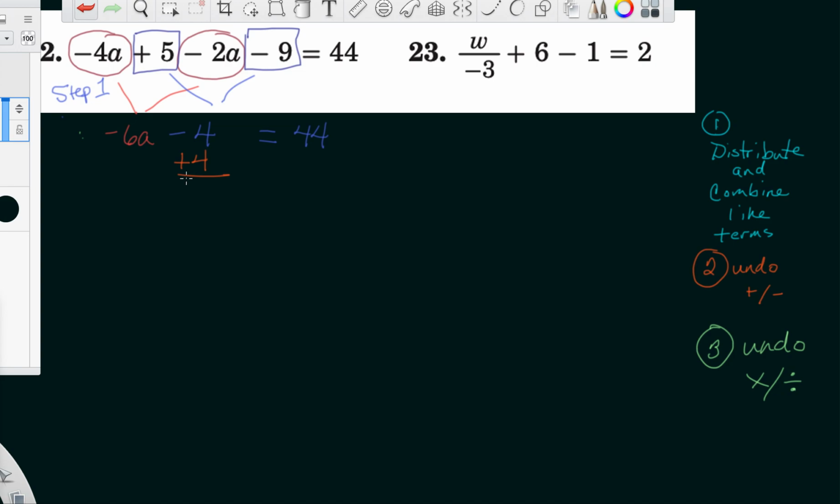And like we said, the addition property of equality says if I do it to one side, I have to do it to the other side to keep this thing even. So this minus 6a just comes straight down, minus 6a, the equal sign, and then 44 plus 4 is 48. And as we see here, it's going to work out just fine.